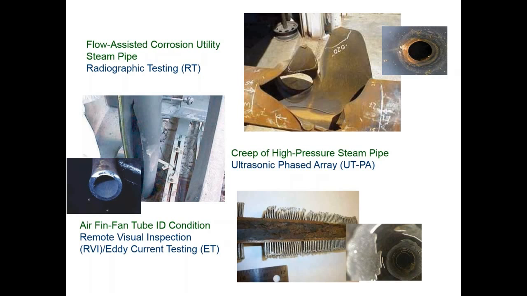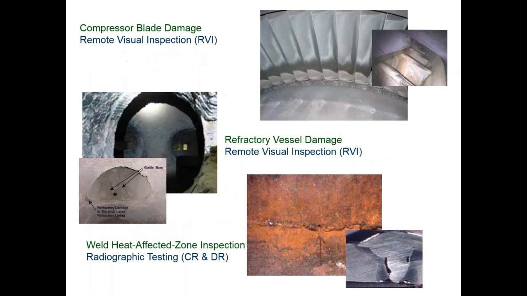Creep of high pressure in a steam pipe or even air fin fan problems can be detected with UT phased array or eddy current testing, respectively. Compressor blade damage, refractory vessel damage, this can be observed by visual inspection. Weld heat affected zones can be inspected by radiographic testing.